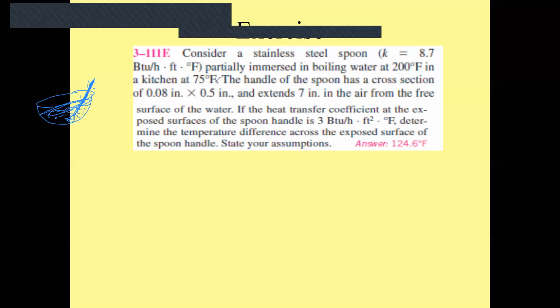Oh, okay, before that, as usual, we have to find out what the question wants, right? Determine the temperature difference across the exposed surface of the spoon. Temperature difference across the exposed surface of the spoon, which means it wants you to find delta T. That is the temperature at the base minus the temperature at the tip.